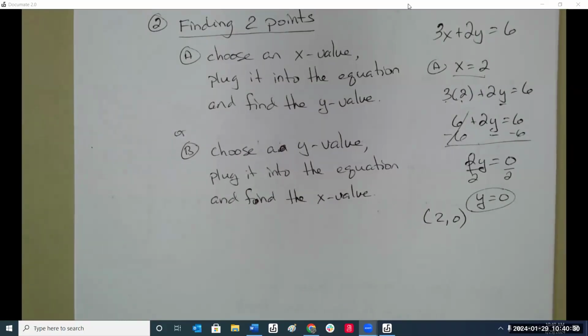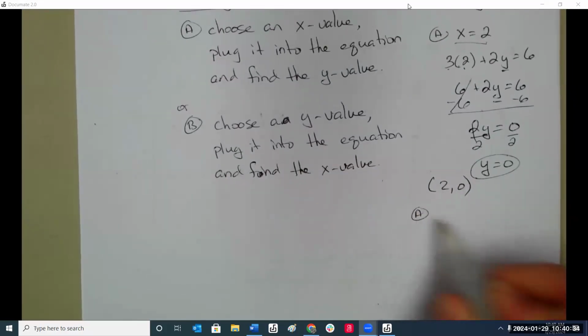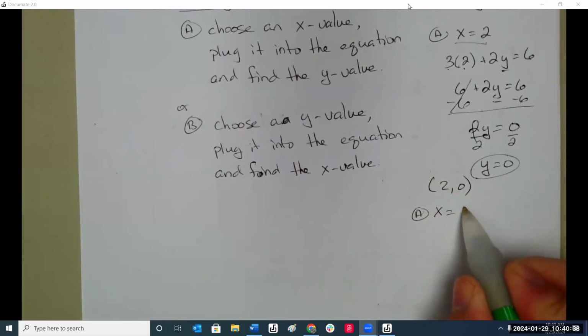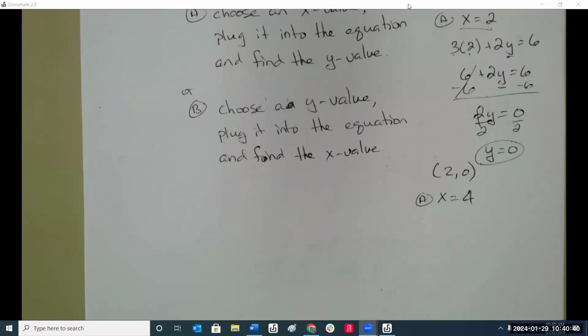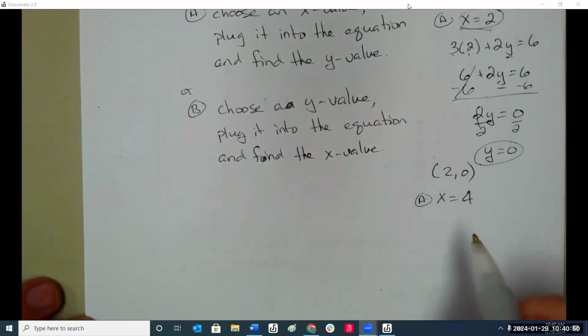I can repeat the process. I say x equals 4. I pick any number, positive, negative, 0, doesn't matter what. I plug it in there.